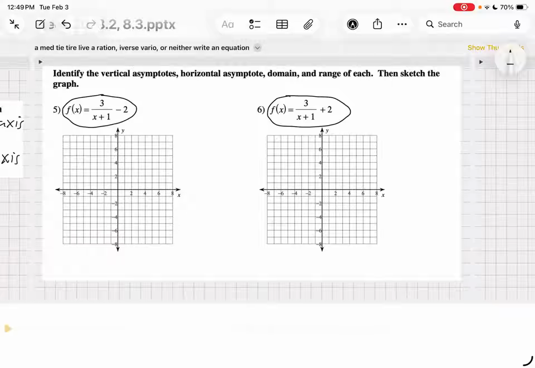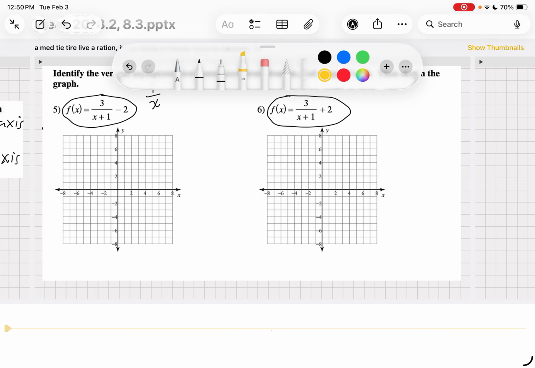All right, so looking at number 5, remember, I'm always comparing this to the parent function, okay? So my parent function has an asymptote on the x-axis and the y-axis, okay? But I can see in my equation right here, see how we added 1? What that means is my new vertical asymptote is going to be at -1.